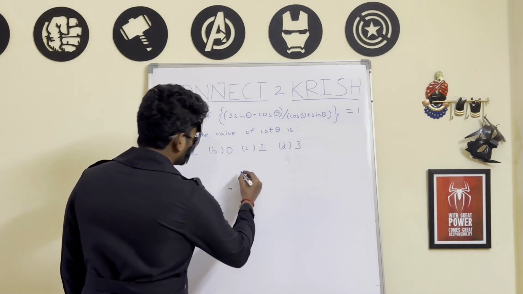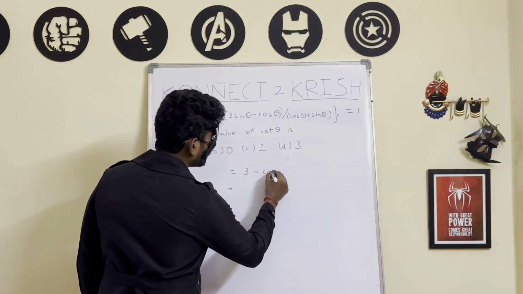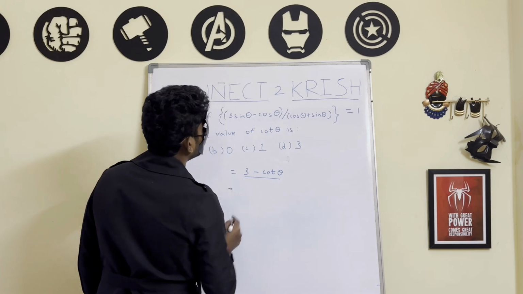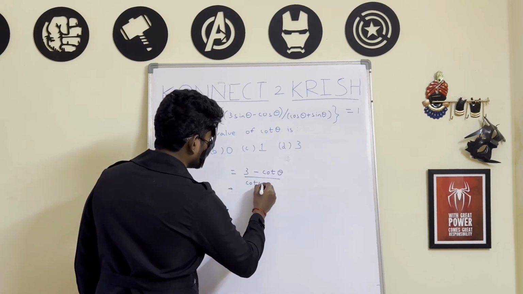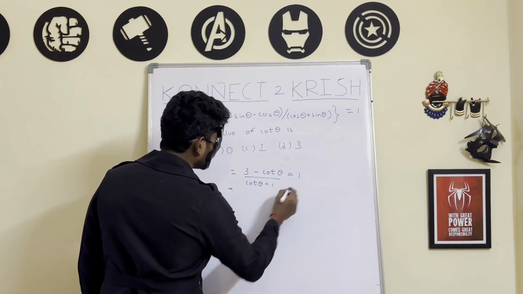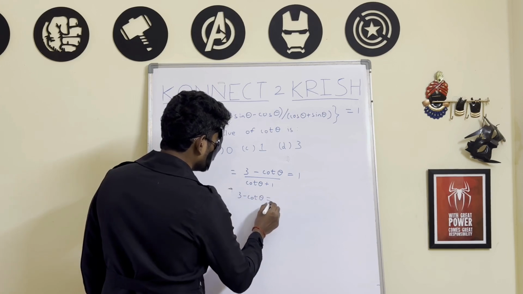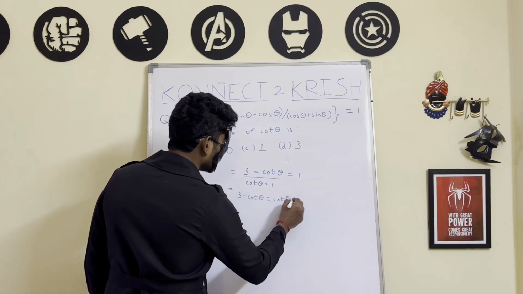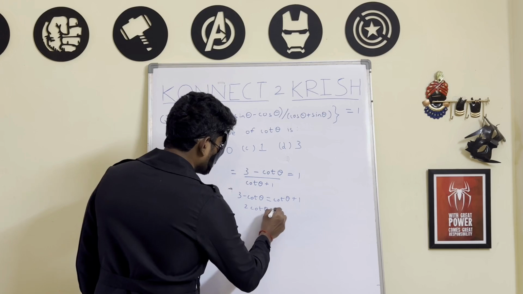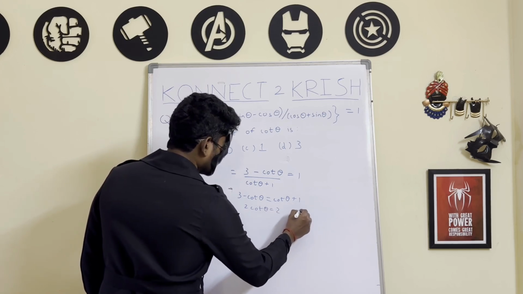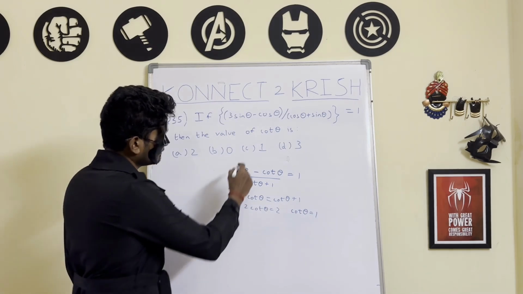So this will be nothing but (3 minus cot theta) by (cot theta plus 1) is equal to 1. So 3 minus cot theta is equal to cot theta plus 1. So 2 cot theta is equal to 2. So cot theta is equal to 1. So the answer will be C.